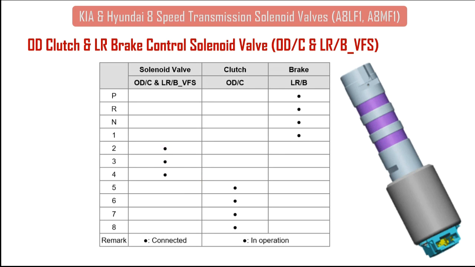When normal high is provided to the solenoid, there is no oil going to the overdrive clutch or the low and reverse brake. So we know that the overdrive clutch is working on these gears, gear number 5, 6, 7, and 8, and the low and reverse brake works on these gears: park, reverse, neutral, and 1.